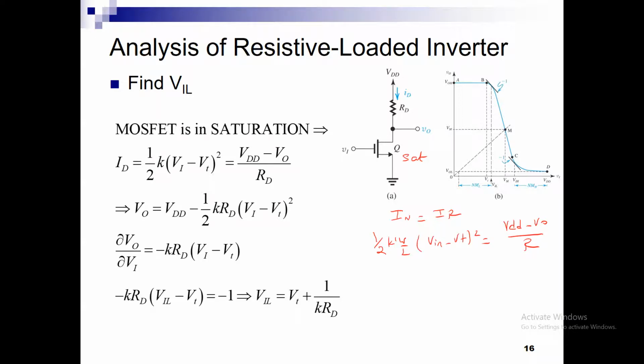What we do is we rely on the relation that dVO by dVn at Vn equal to VIL is equal to -1. I differentiate this equation star, so I do d star by dVn, and I plug the value that the input is equal to VIL.